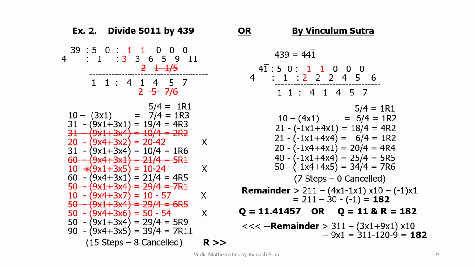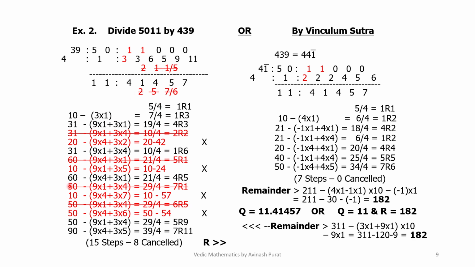Now 60 minus 9 into 4 plus 3 into 1, that is 21 divided by 4 equal to 4 and remainder 5.